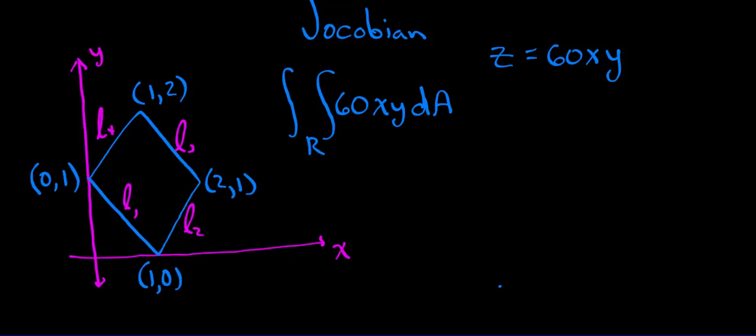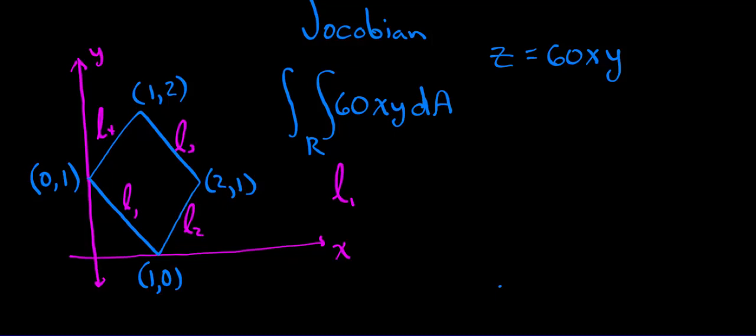Now, let's think about the equations of those lines, because remember, we're going to have to integrate from one line to the other. We're going to have to maneuver over this region. So y is going to need to go from line 1 to line 4, or x is going to need to go from line 1 to line 2.